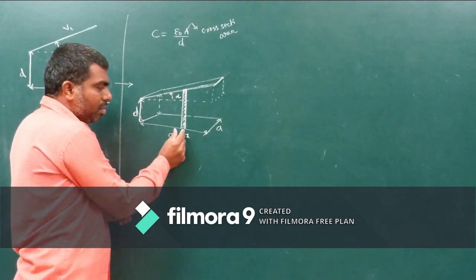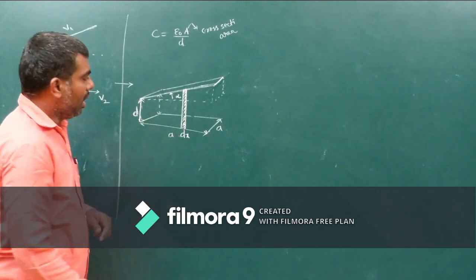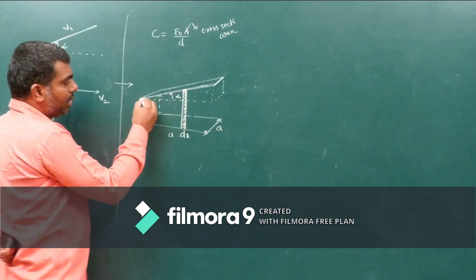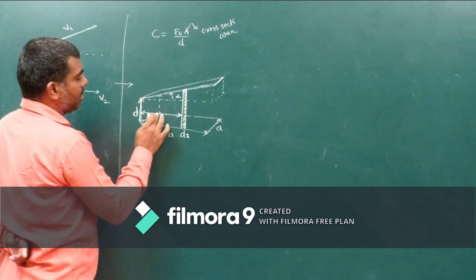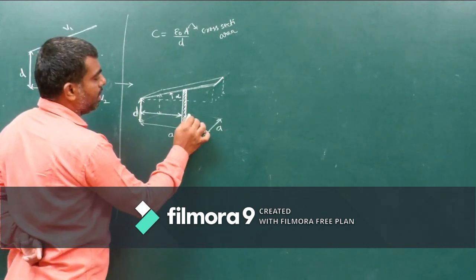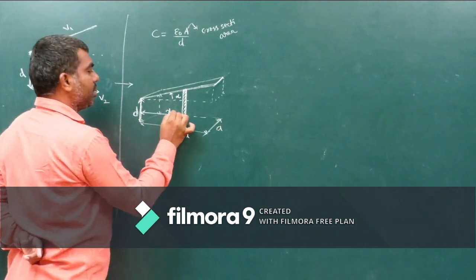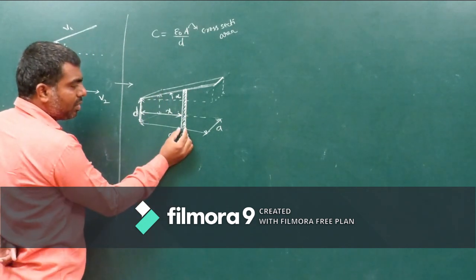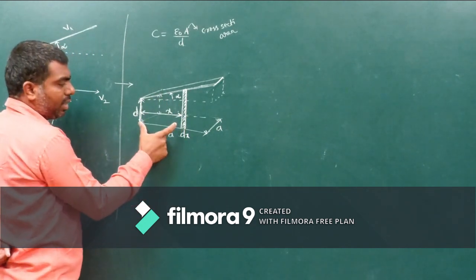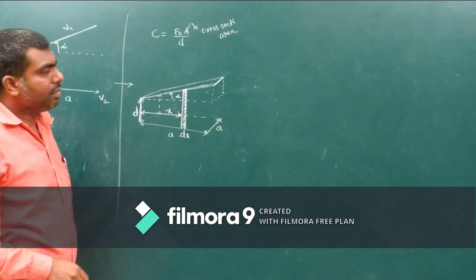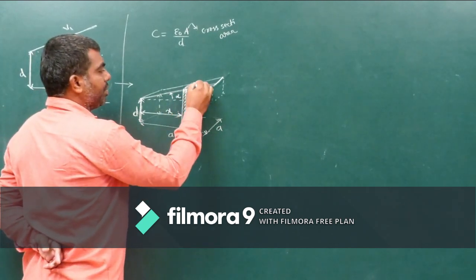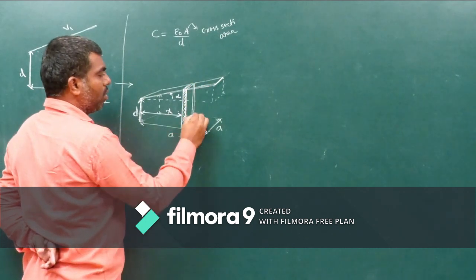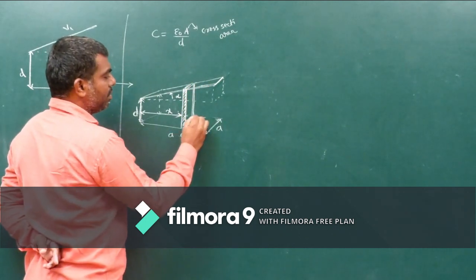We have taken a very small area dx, and this small area, from the fixed one, is at x distance. At x distance, this dx thickness is at x separation from the fixed. Now it looks like a strip, like this.